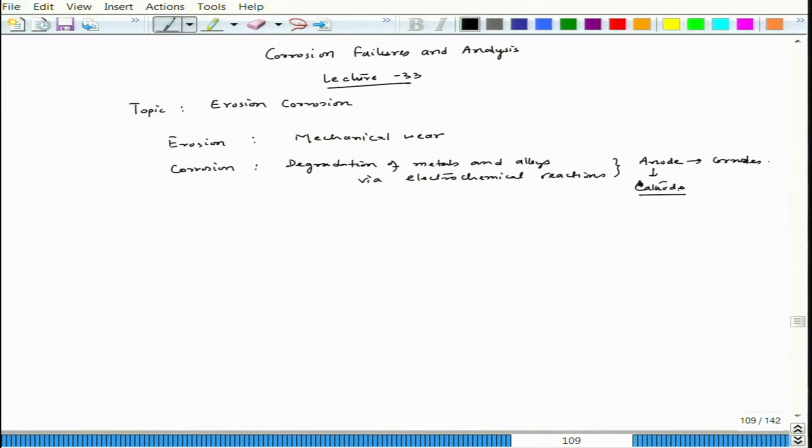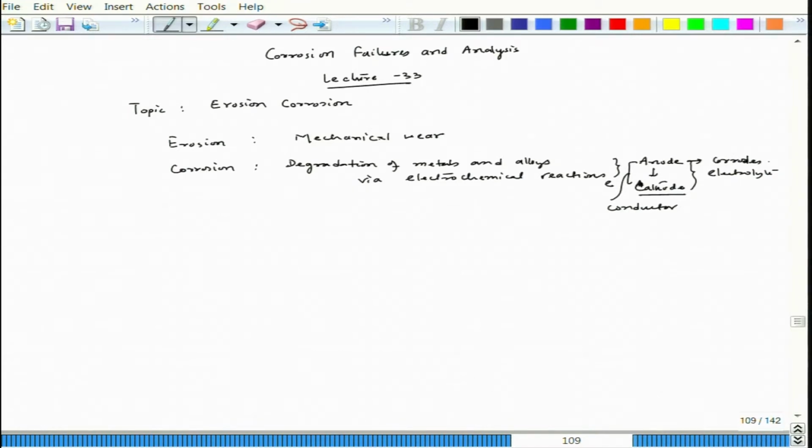So, this is the basic part of corrosion. Of course, you have electrolyte, both are in electrolyte, and we have electron flow via a conductor. So, that is the component of corrosion.